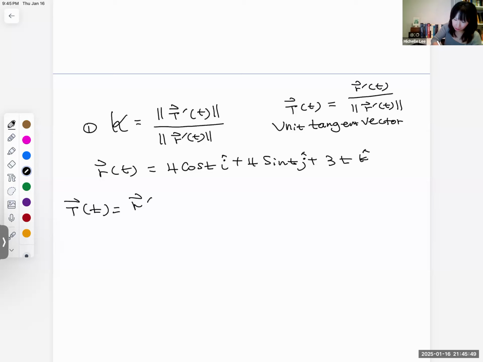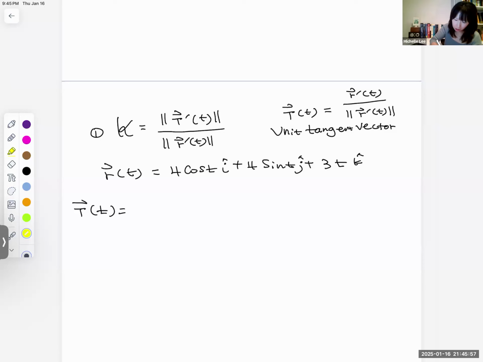So R prime of t, I don't have to write down, right? So we have there, negative 4 sine t i and positive 4 cosine t j plus 3k, right?